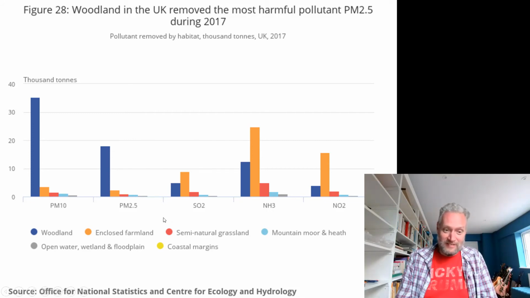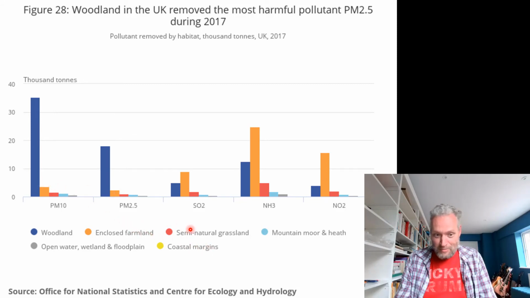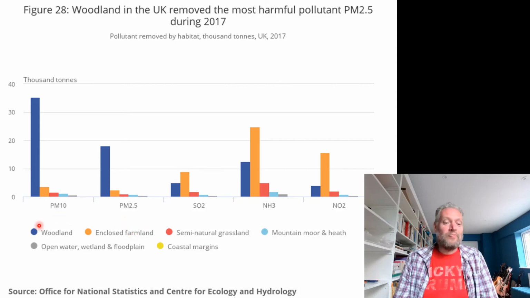And what this graph tells you is that if you're worried about PM10, actually most of it is absorbed in forests or open woodlands. This is enclosed woodland. Not so much is removed in so-called enclosed farmland.